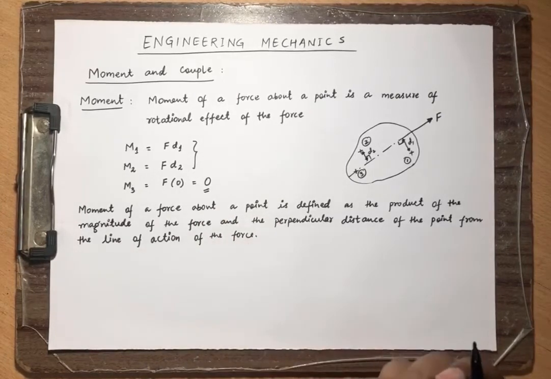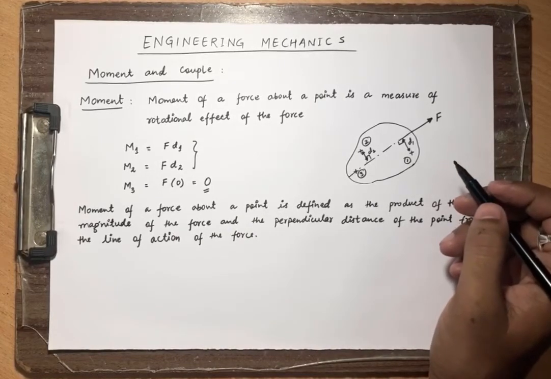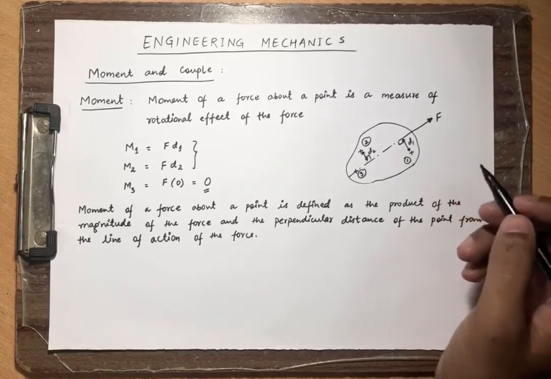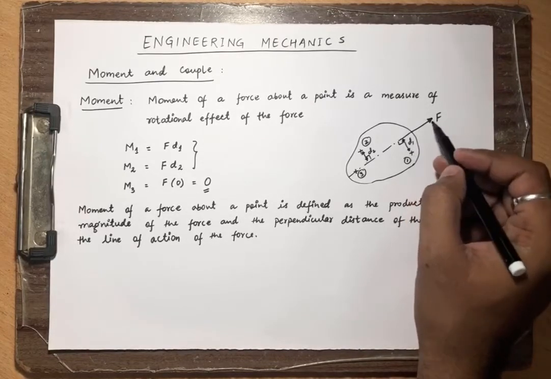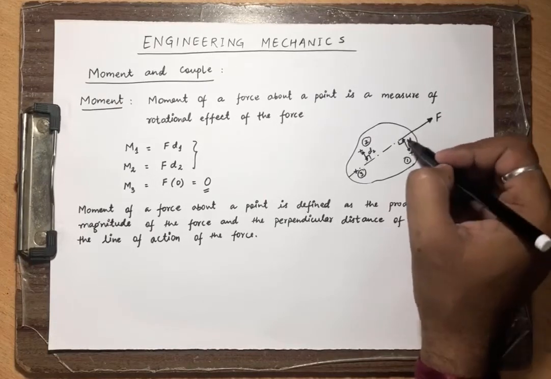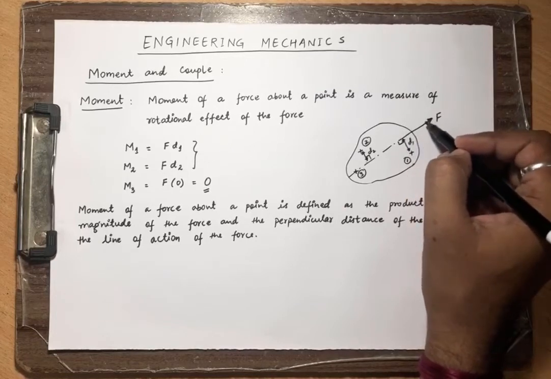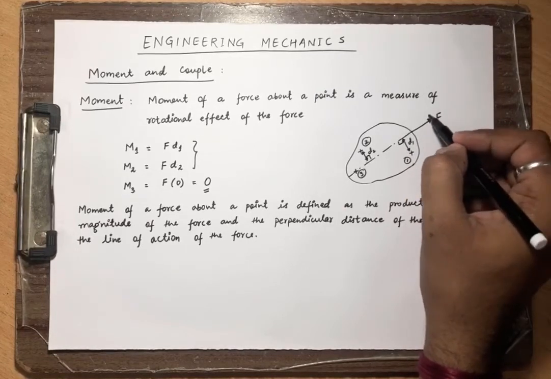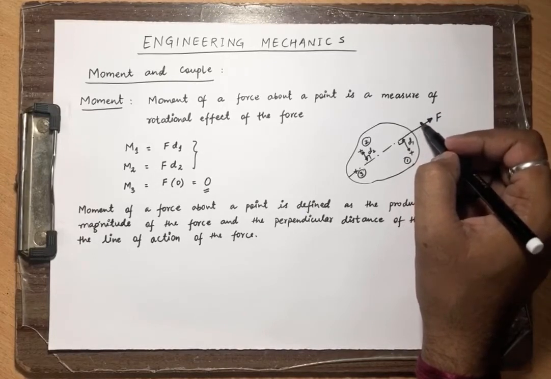So moment will be a vector or scalar? It has to be a vector because it is having direction. For point 1 it is in clockwise direction. How are we going to see the direction? We have to see in the line of action of force, and from this we have to check the point, the point about which we are taking moment.